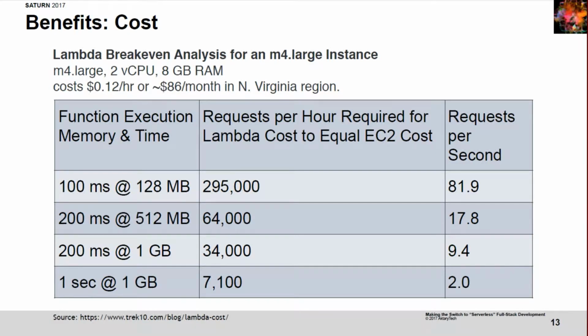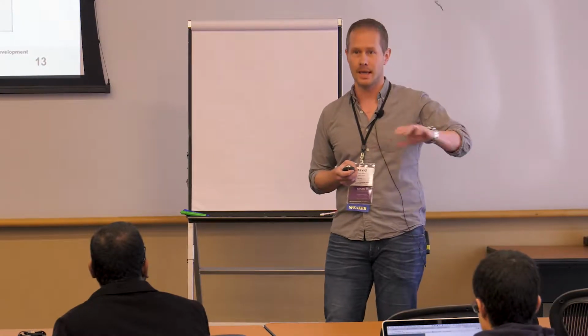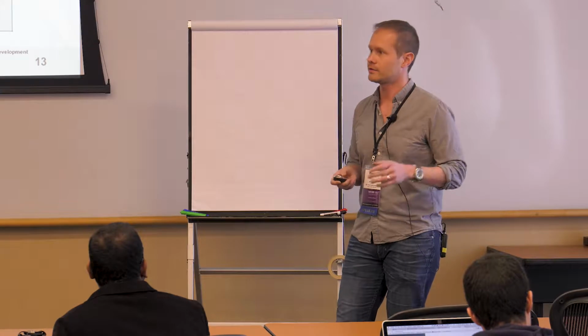Just to beat this horse a little bit more, to give you some performance examples, let's take a look at an M4 large, and understand that generally costs about $86 a month. What kind of performance could we expect? Or what would we have to be hitting a Lambda with to get roughly the equivalent cost, right?